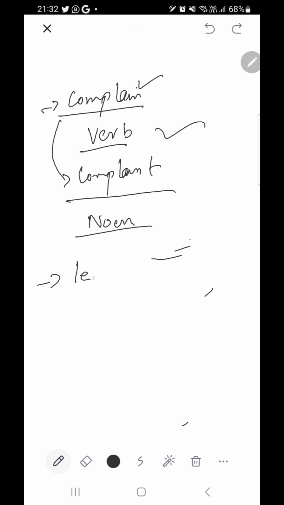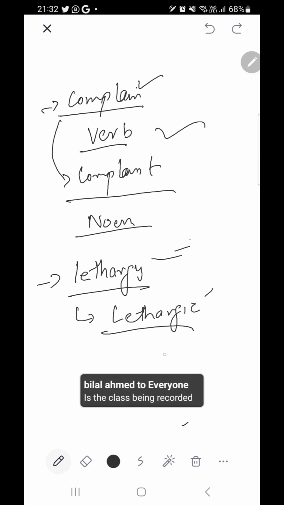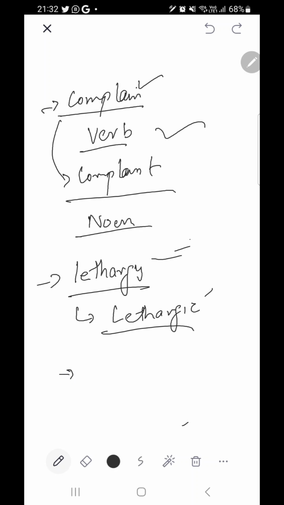Similarly, if we have the word such as lethargy, you can change it to lethargic if you get the word. And even if we have the word tiredness in the case notes, we can write it down as lethargic. If we have the word tiredness or lethargic, we can write it down as fatigue.